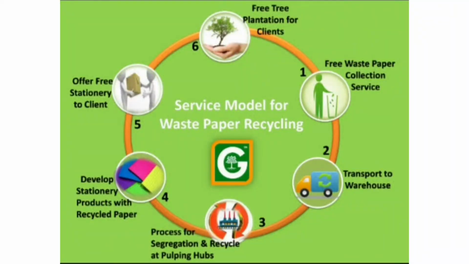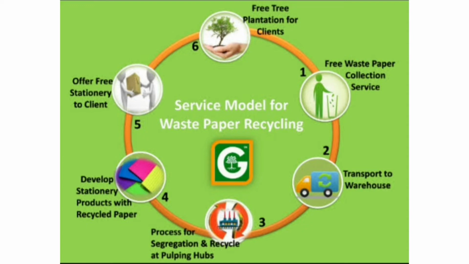This is a service model for waste paper recycling. Here, there is a free waste paper collection service, then it is transported to the warehouse, then the process of segregation, and recycling and pulping hubs.